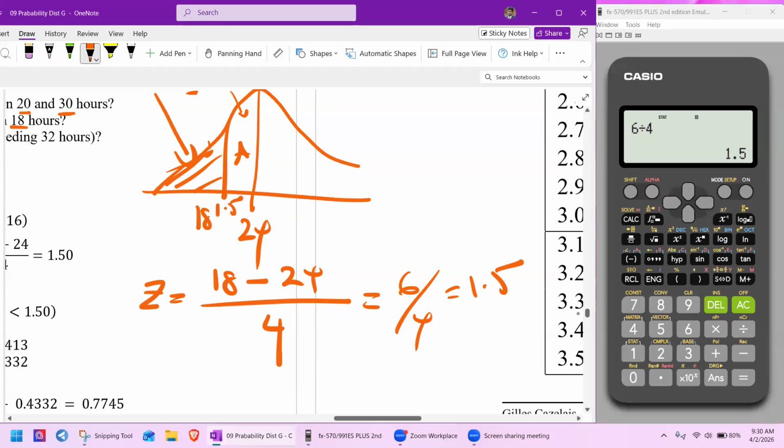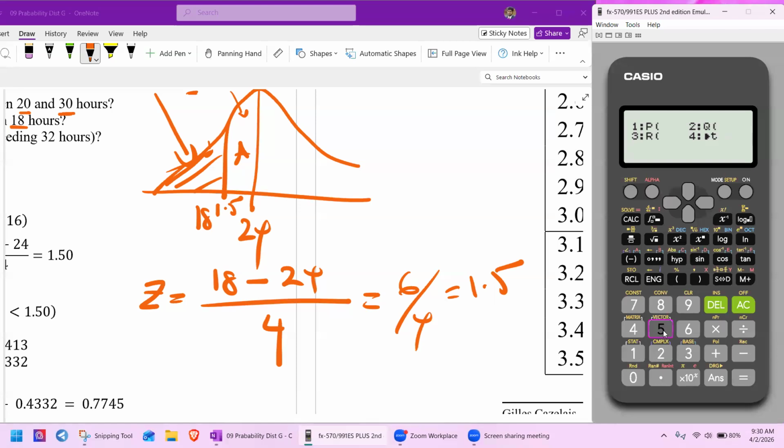Now we use the table, you know how to use a table, or we apply the calculator directly. This is the left side of the Z, so we can use the P for 1.5.